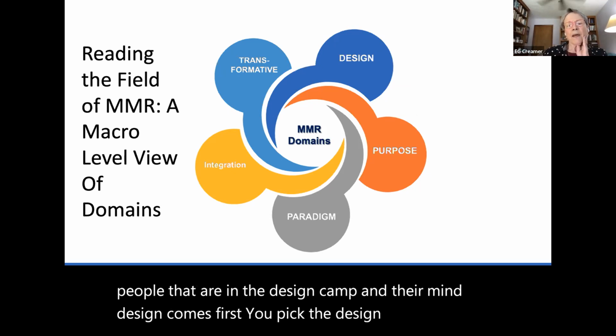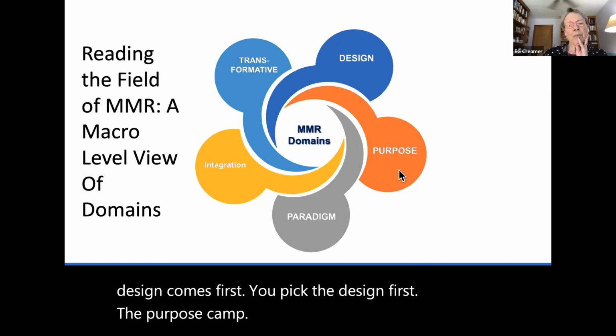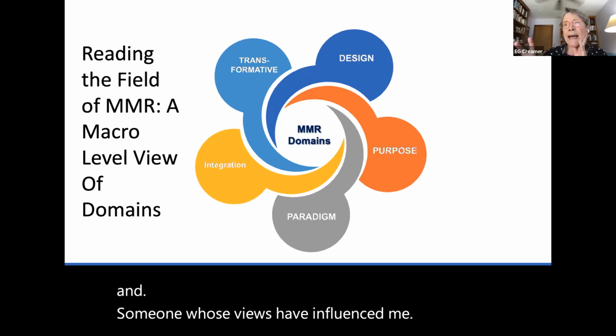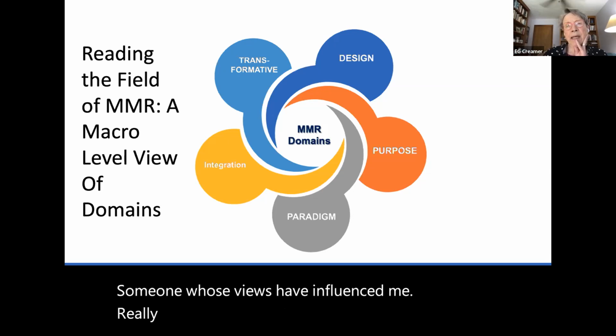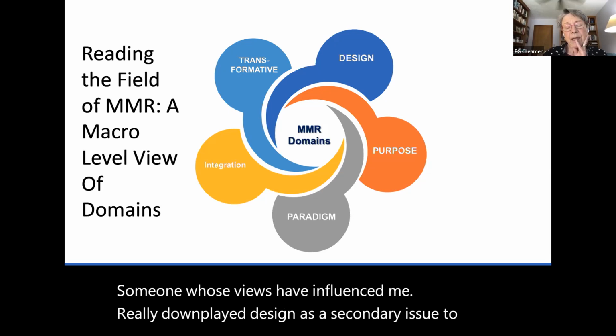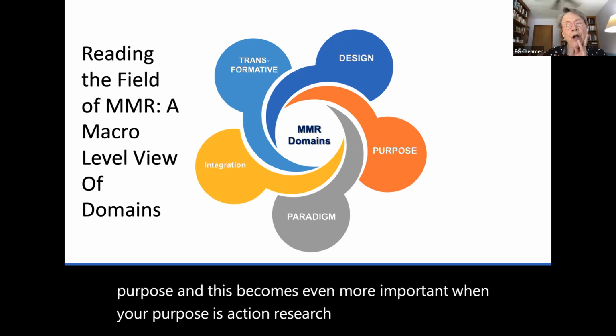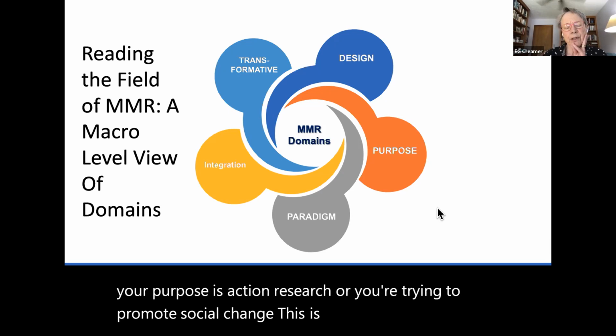The purpose camp, this is where I would put Jennifer Greene, a colleague and someone whose views have influenced me, really downplay design as a secondary issue to your purpose. And this becomes even more important when your purpose is action research or you're trying to promote social change. This is very, very important.